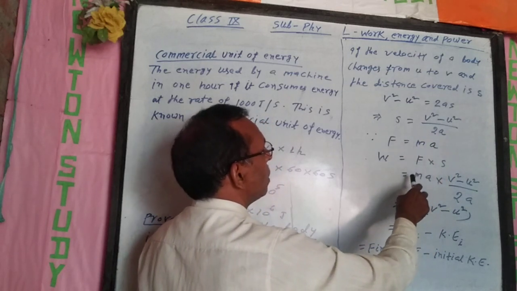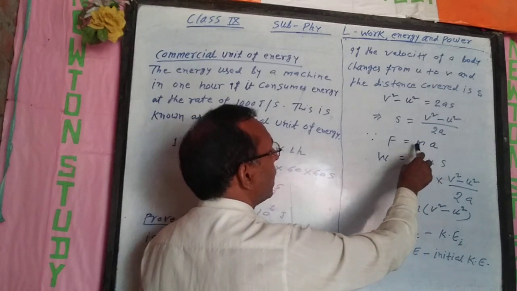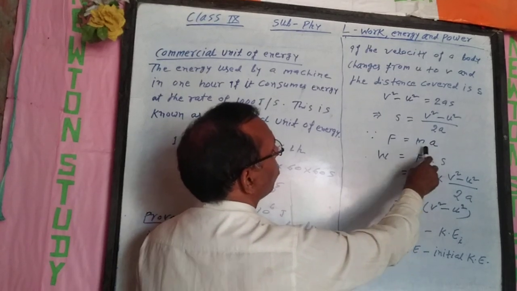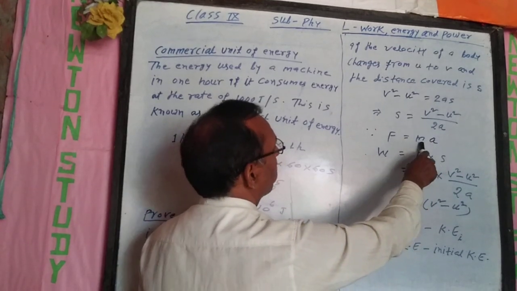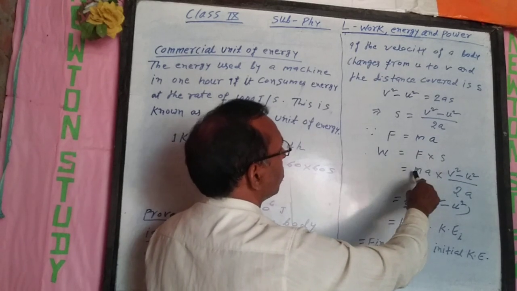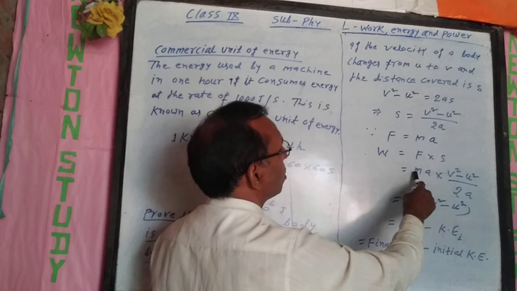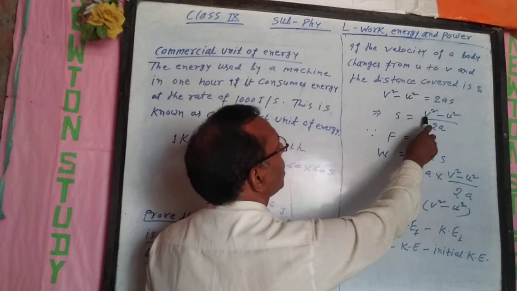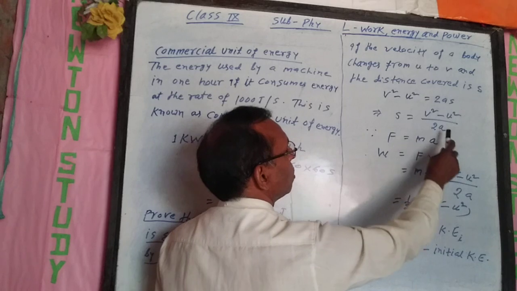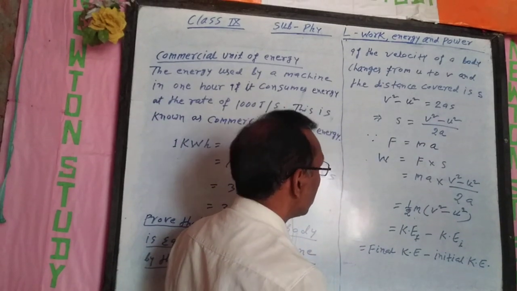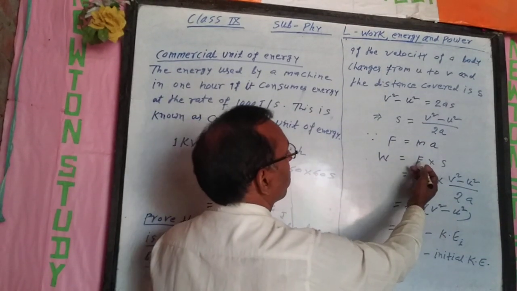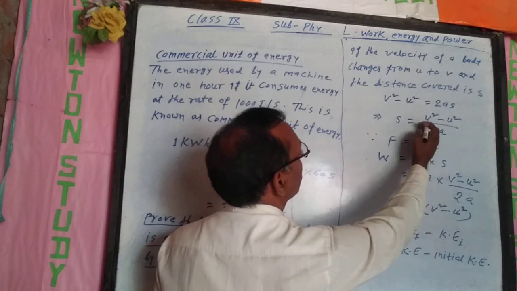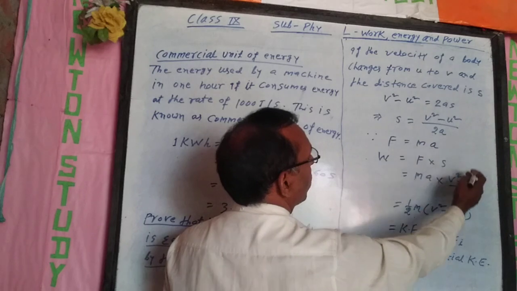Now we put the value of F, which is ma, and the value of s, which is v square minus u square by 2a.